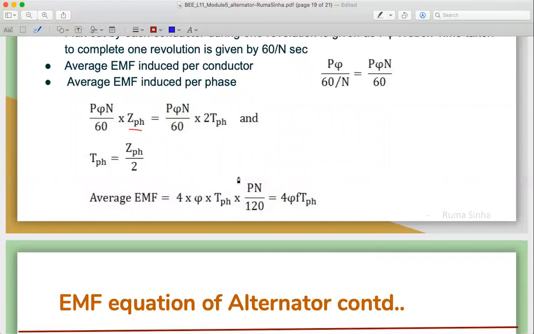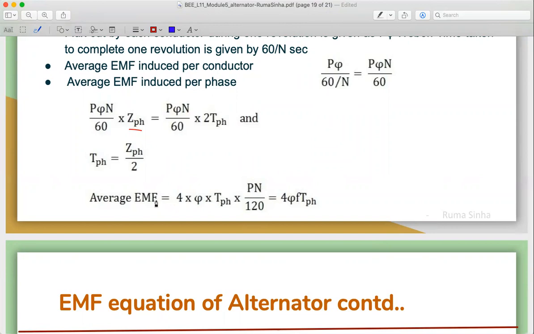It was 60, we have written it as 120, so multiplied by 2, so the numerator should also be multiplied by 2. So I can write it as 4 into phi into T phase into Pn by 120, which is nothing but F. So 4 phi F T phase is the average EMF.